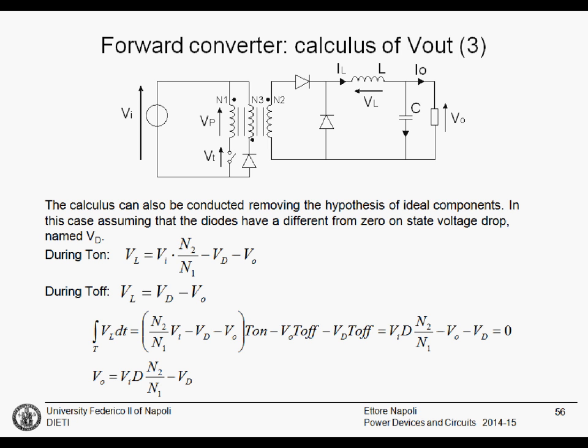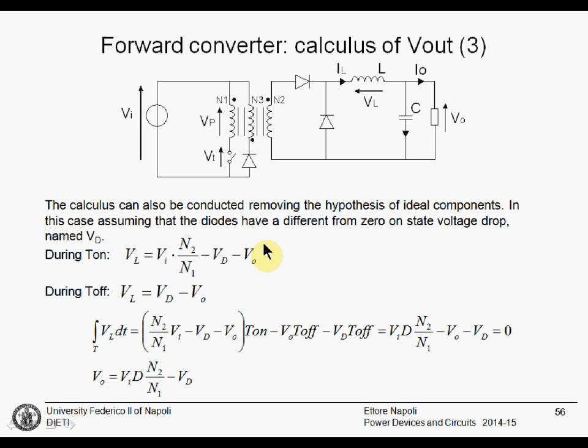This is a rough assumption, but not so rough, since we know that the diode is more or less a constant voltage drop plus a resistive component. But since the current is more or less the same in all the diodes, we can say that more or less all the diodes have the same voltage drop. In this case, we still impose that the integral of the voltage on the output inductor is zero in one switching period.